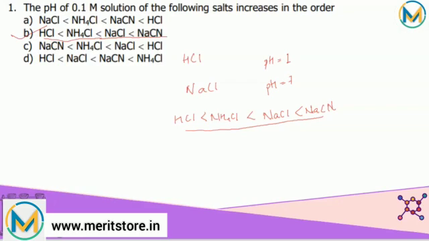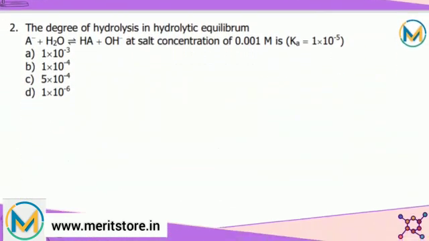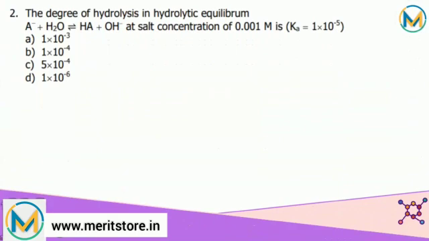Option B. Looking towards the next question, the degree of hydrolysis in hydrolytic equilibrium, A minus, that is the anion, plus water gives you HA, that is an acid, plus OH minus, hydroxyl ion. At salt concentration of 0.001 molar, Ka given is 1 into 10 raised to minus 5.